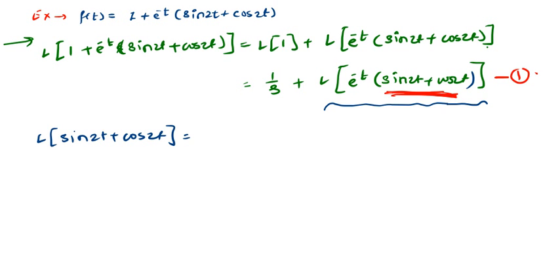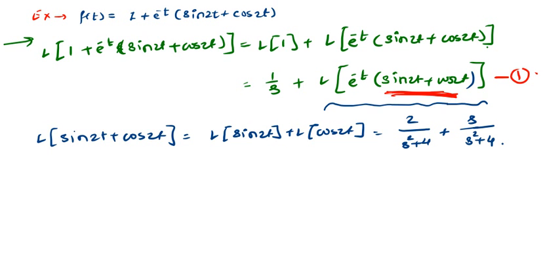By linearity I can write this as Laplace of sine 2t plus Laplace of cos 2t. Laplace of sine 2t is nothing but 2 upon s square plus 4, and Laplace of cos 2t is nothing but s upon s square plus 4. So this is our F of s. Once you get F of s, what do you do? You insert this e raised to minus t here.